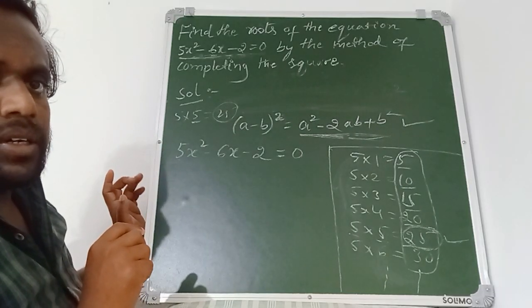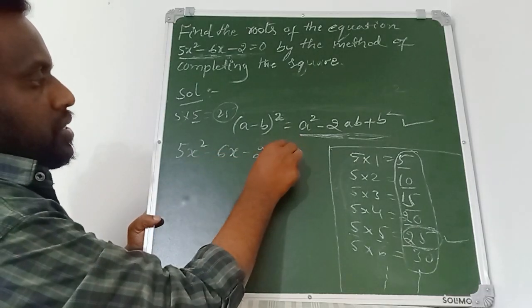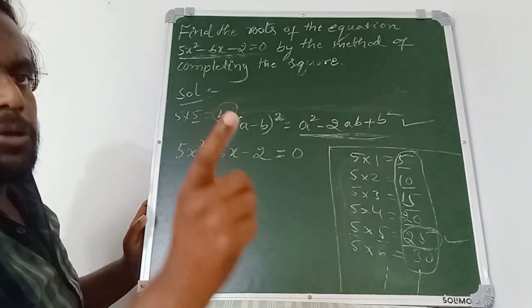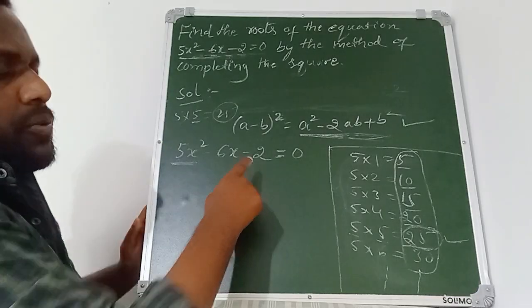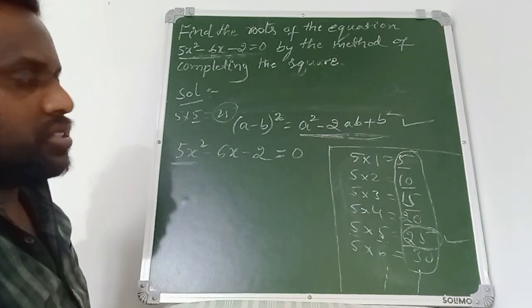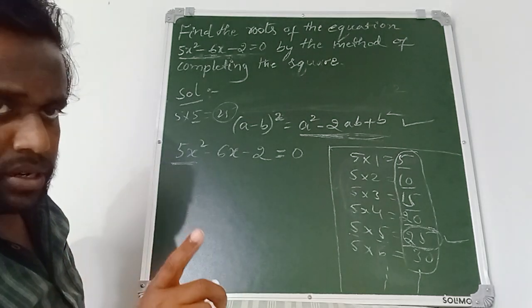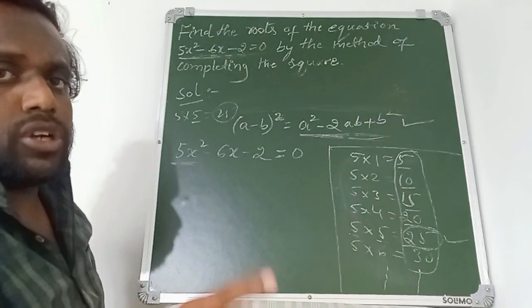Now, this is an equation, right? Since this is an equation, if we multiply only this one, the equation will get imbalanced. That means this equation will become wrong. Remember, when you multiply this, the equation should not become wrong.